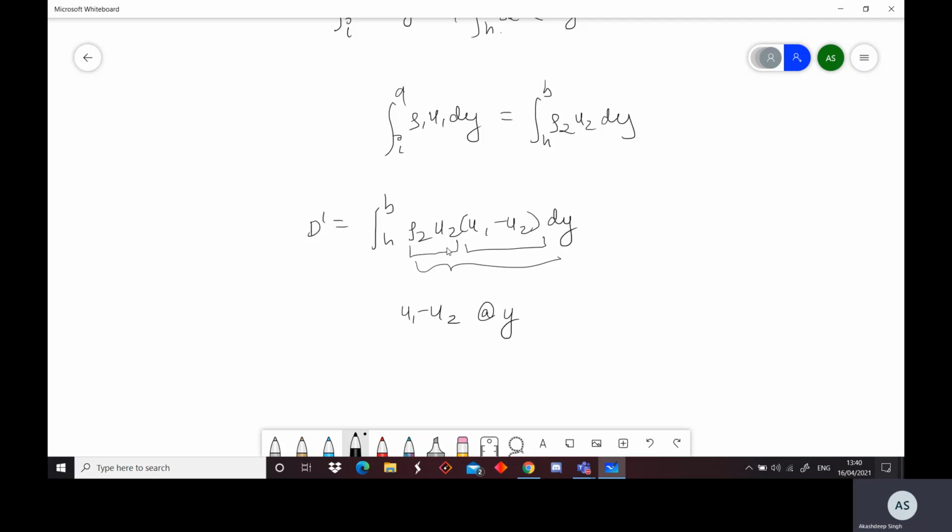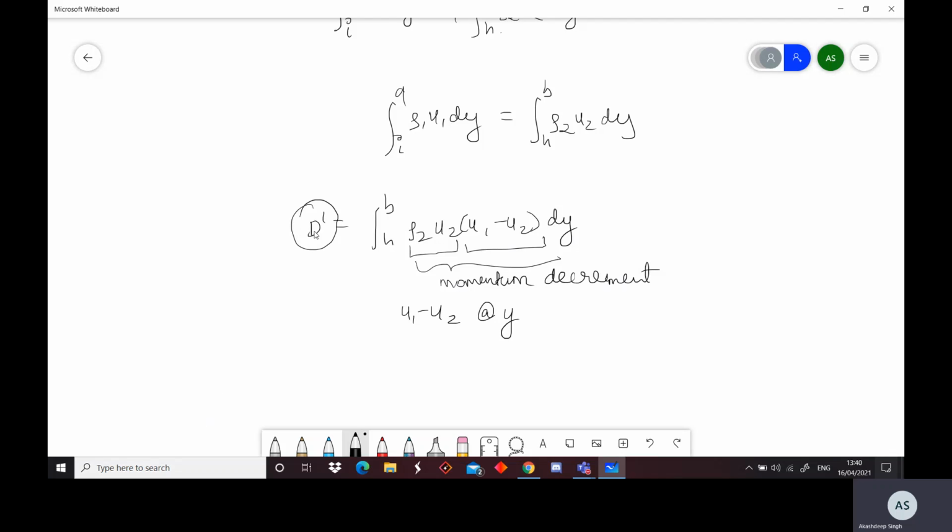This was the velocity decrement, this the mass flux, so the product gives the momentum decrement. So this equation is physically the decrement in momentum flow across the wake, and this wake momentum decrement is equal to our required drag of the body.